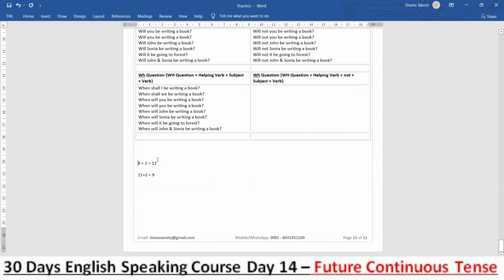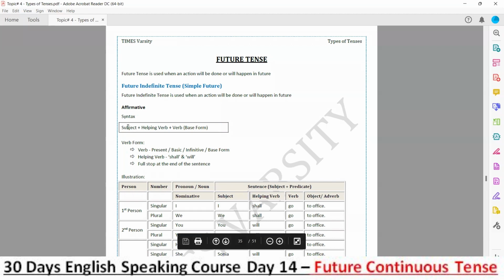If we would like to put 9 here, then it should be 11 minus 2, then it is correct. Similarly, we need to follow the form of the verb and the sequence in which different words are used to make a correct sentence.